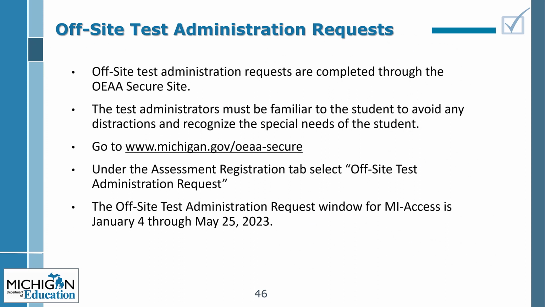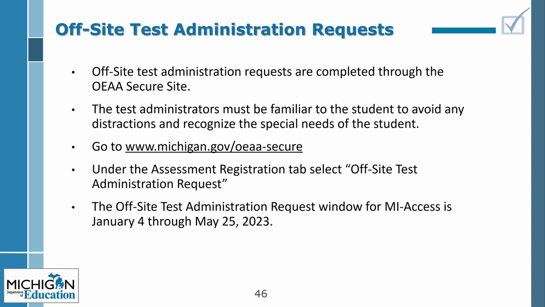Off-site testing is for schools who cannot test on-site at their school buildings. Off-site testing also occurs for individual students when a school is providing educational services to a homebound student, students are hospitalized during the testing window, or students are expelled with services.